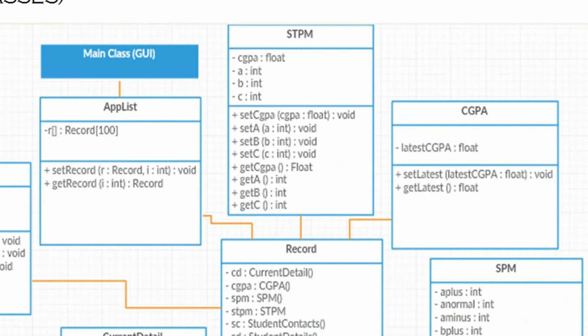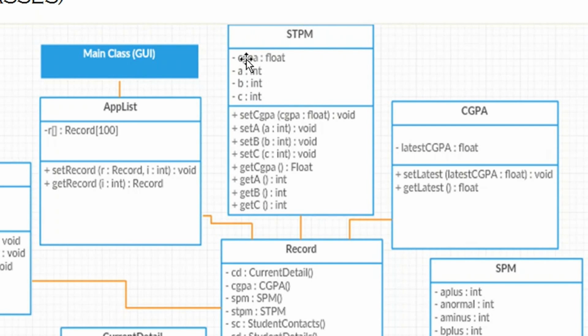As you can see, inside the STPM class, it has the CGPA float, A int, B int, C int. What it means is that there is an object or variable CGPA with data type float and also ABC with data type int declared in this STPM.